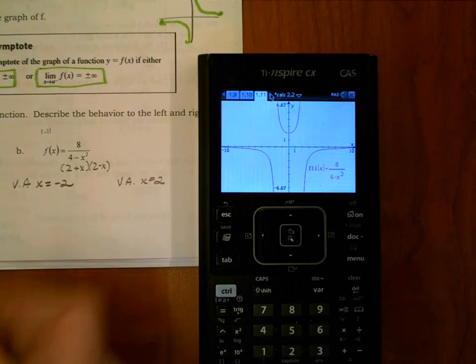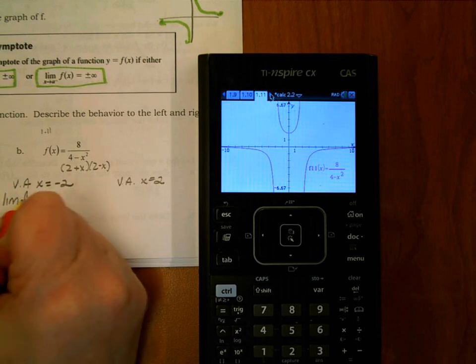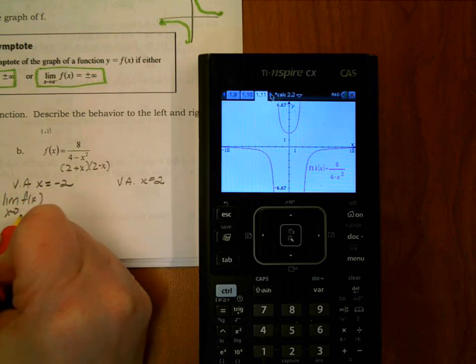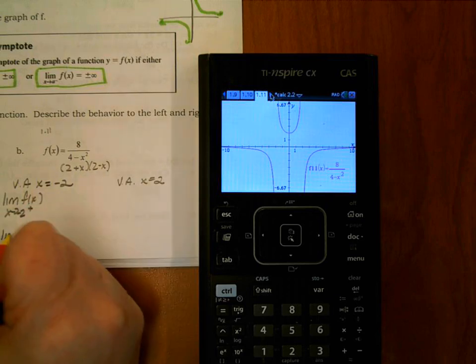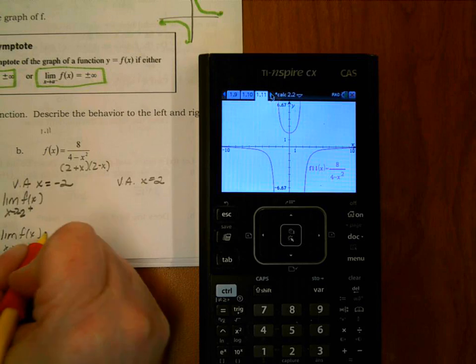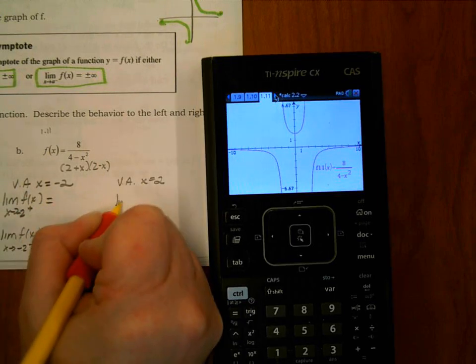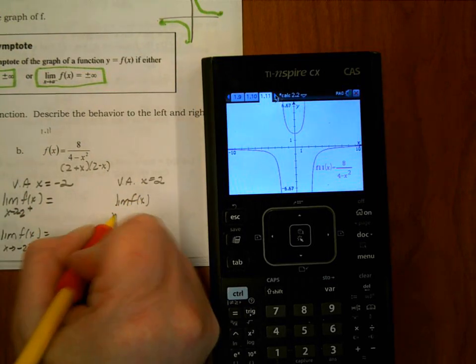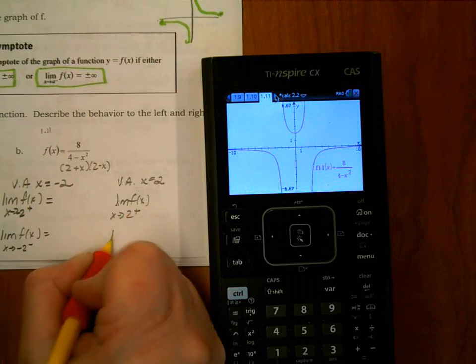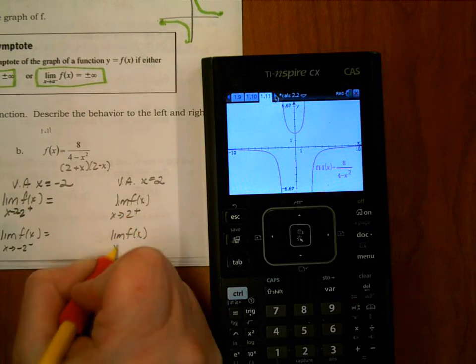And so again, I want to give the behavior to the left and to the right of the -2 and the 2. So as x approaches -2 from the left and as x approaches -2 from the right. So you've got to be careful with this notation here.